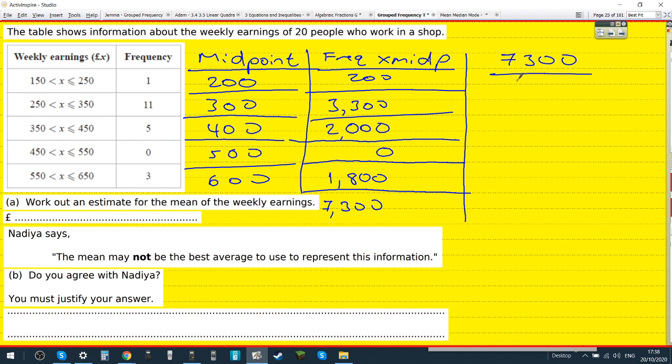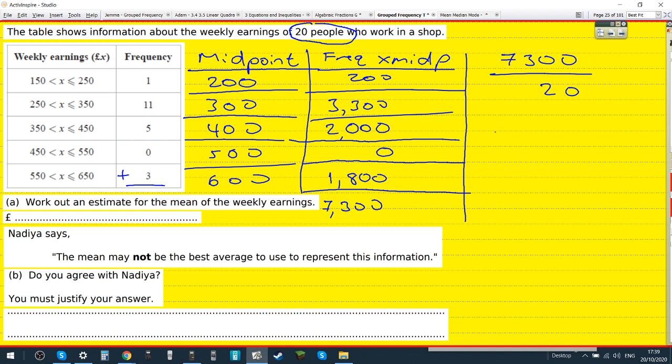By how many people there were. You might be thinking of categories. Oh, total frequency. So that is 20. So total earnings divided by total people gives you average earning per person.